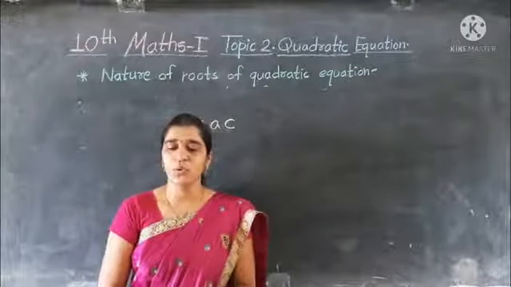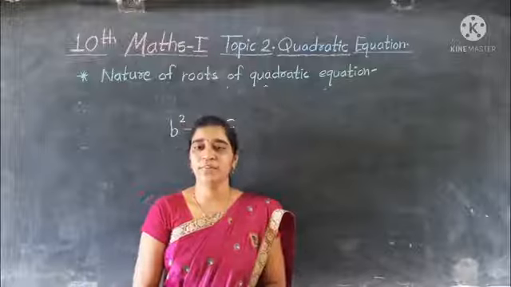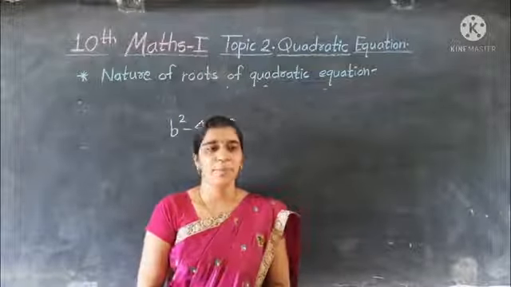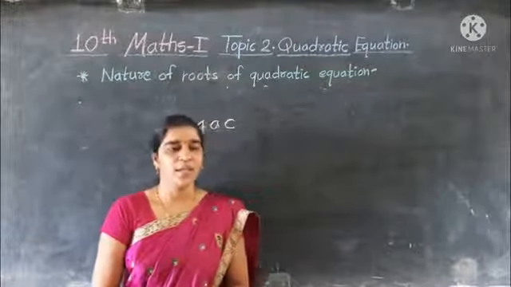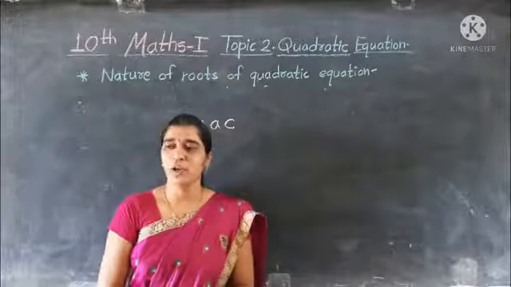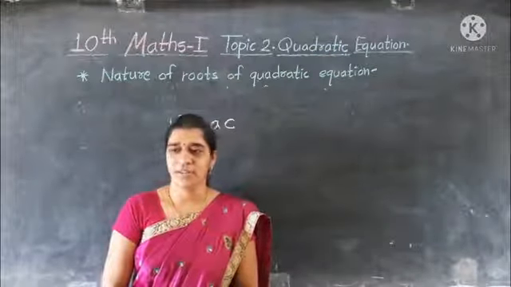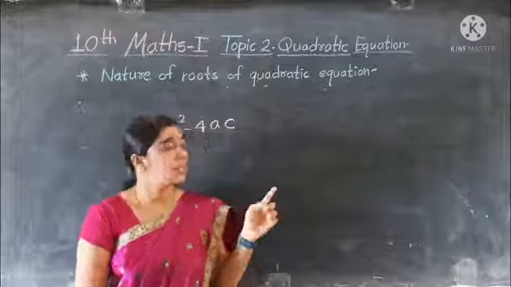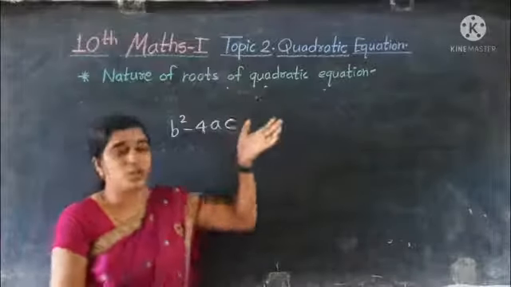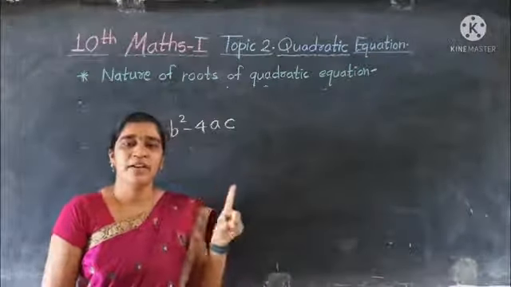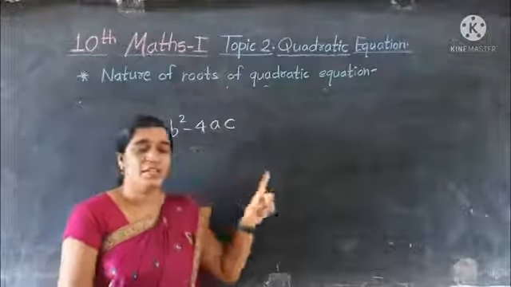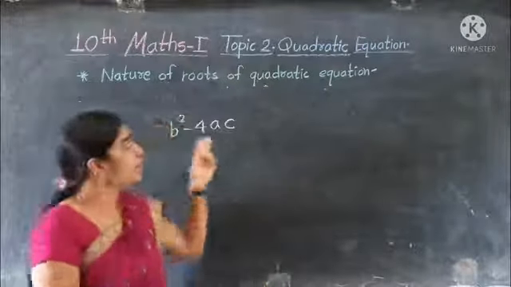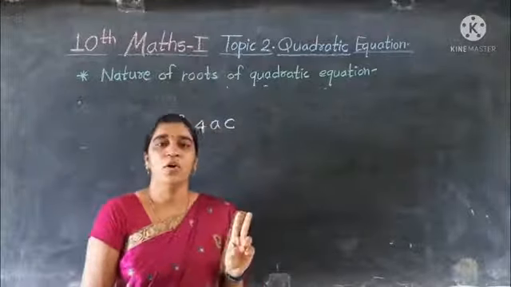And from that value you find value of discriminant, that is value of b square minus 4ac. Substituting value and you find the value of discriminant. There are three types of question based on this. First is the finding value of discriminant. Second, finding nature of roots of quadratic equation.